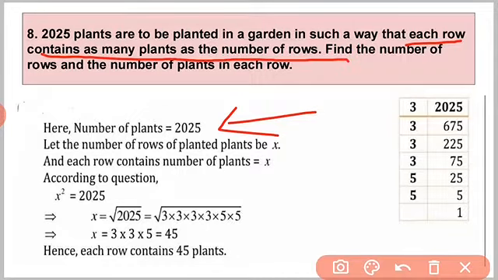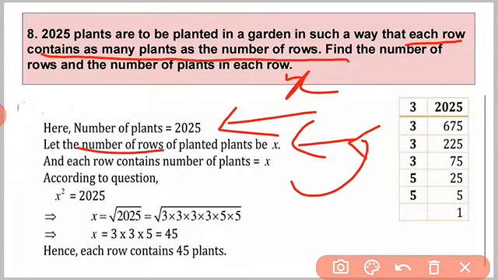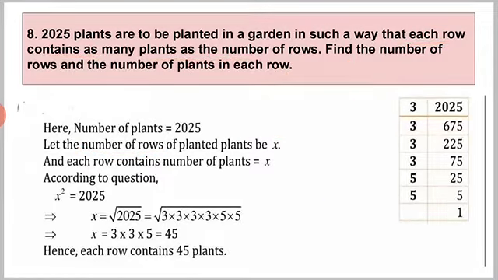Read the statement: each row contains as many plants as the number of rows. So let's take the number of rows to be x. How many plants will be there in each row? Yes, it will be equal to x. Let us understand by an example.